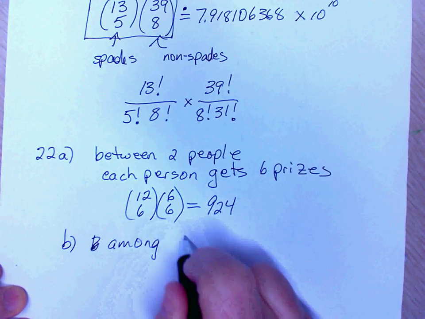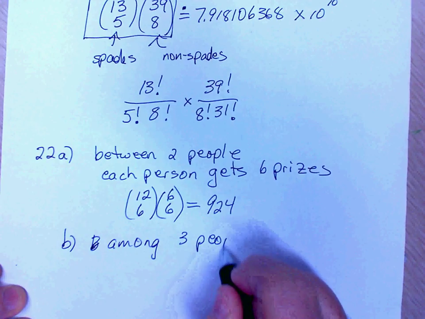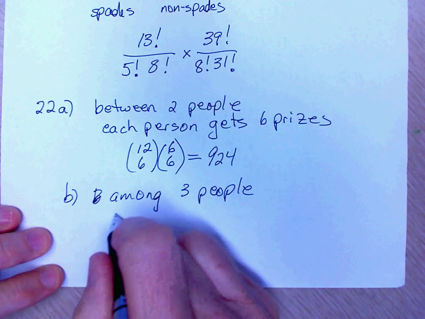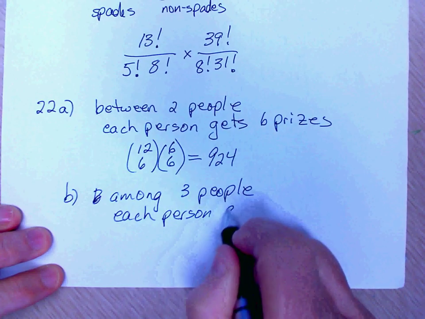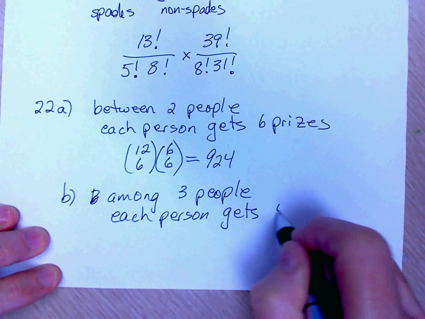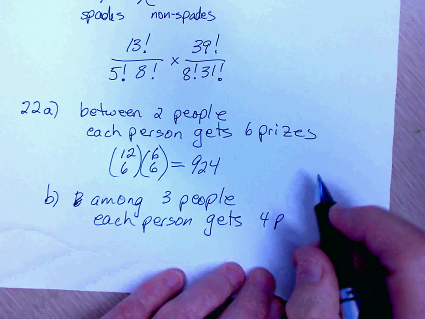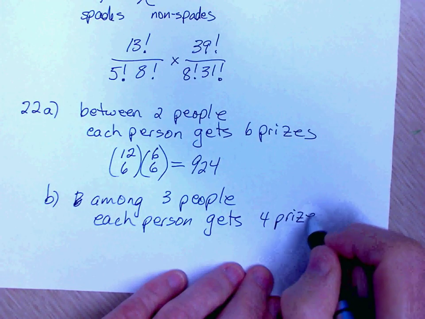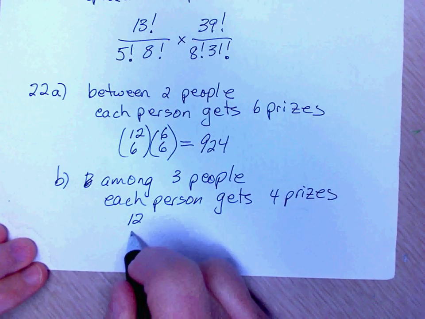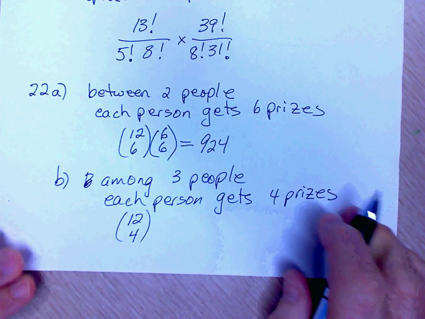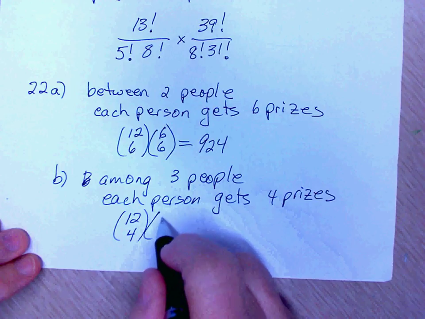Now in part B, if we want it among 3 people, each person gets 4 prizes for a total of 12 prizes. The first person gets 4 prizes. Then out of the remaining 8 prizes, the second person gets 4 prizes.